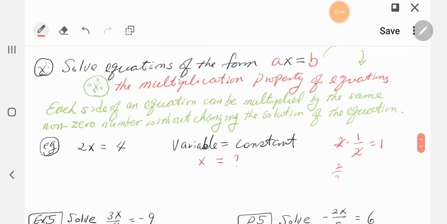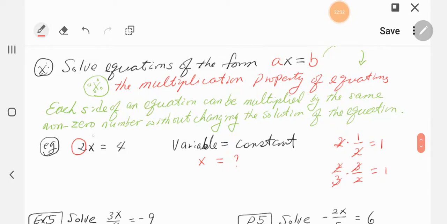So if we have 2/3, what's the reciprocal of 2/3? It's 3/2, right? So you can cancel out and it becomes 1. So what we do is multiply each side of the equation by the reciprocal of the coefficient of x.